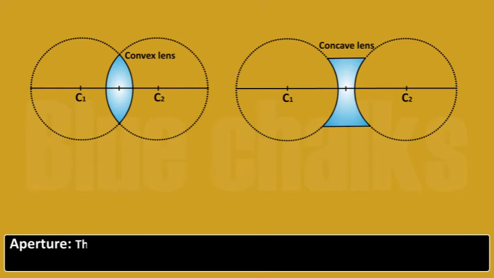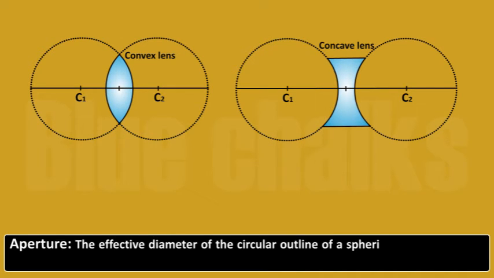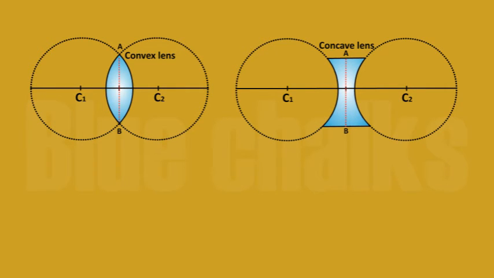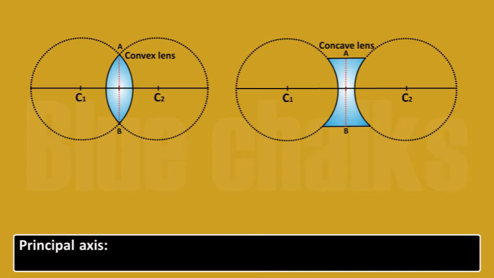Aperture. The effective diameter of the circular outline of a spherical lens is called its aperture. In the figure, the distance AB is the aperture of the lens. Principal axis.